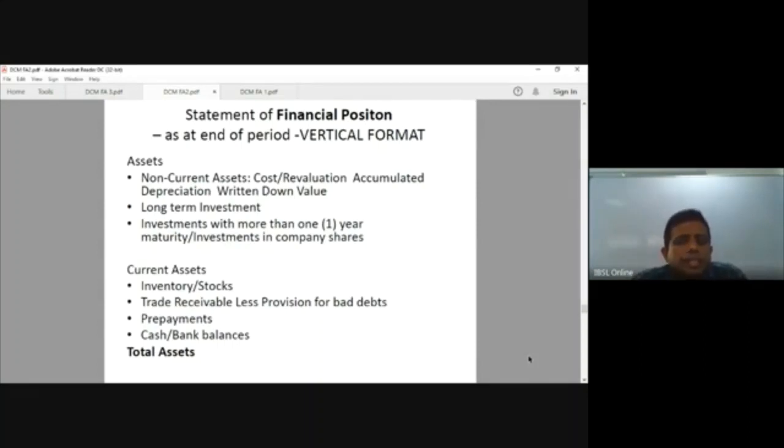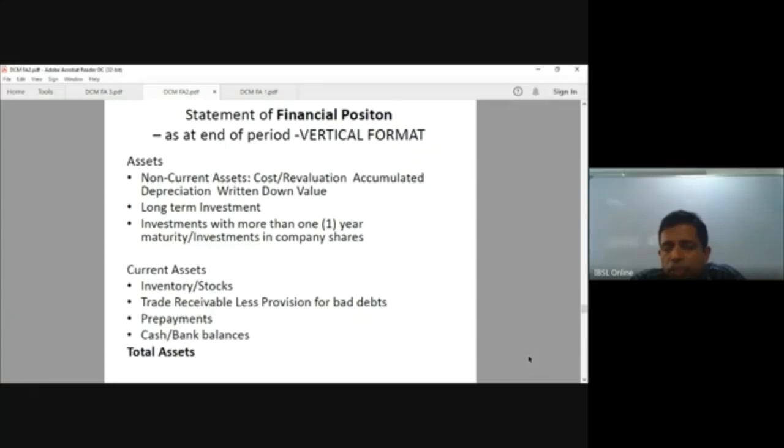Normally under assets, we have non-current assets, mainly comprised of the property, plant, and equipment like land, building, machinery, furniture, vehicles, right? Those assets need to be depreciated.